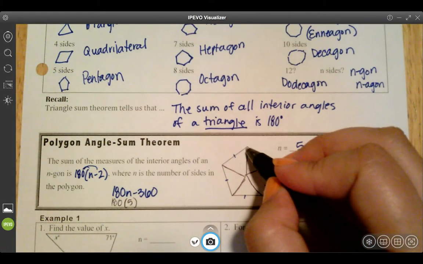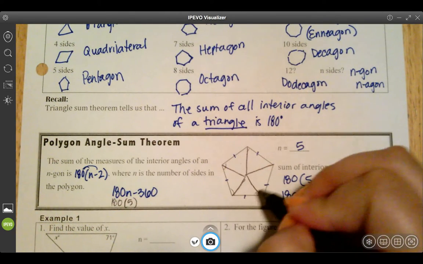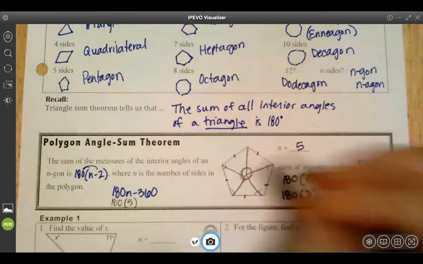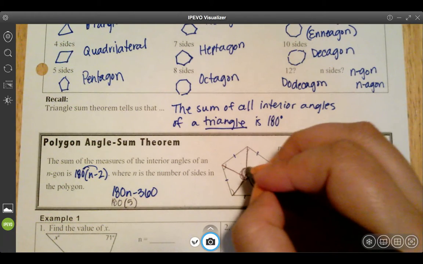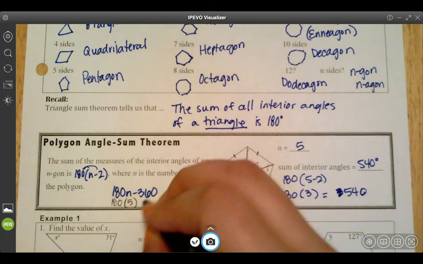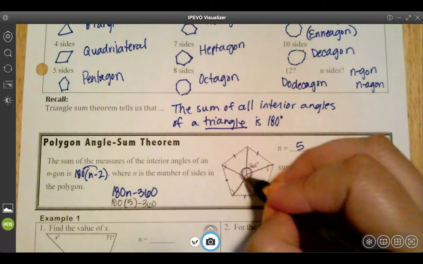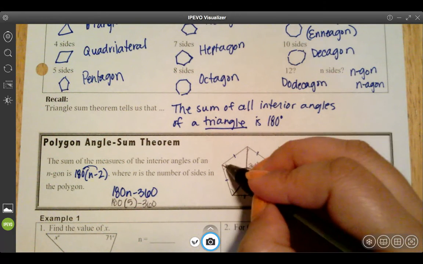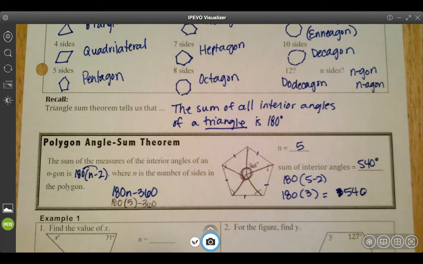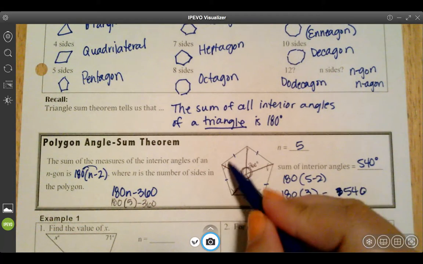But if I'm looking at the interior angles, that does not include these angles in the middle. If I take all of those angles, that's 360 degrees. So then we have to subtract the 360 degrees from the middle in order to get just the interior angles of the pentagon. That's where the formula comes from. So if you ever get stuck and you don't remember what the formula is, you can go back and derive it by looking at triangles. Split your shape into triangles and then subtract out the angles that are not part of the angles that you wanted to measure.